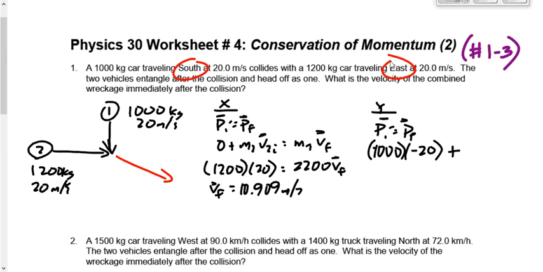Right. If it's not on the y-axis, it's 0. So it's 1,200 times 0. It's moving 20 meters per second, but not on the y-axis. Equals 2,200 times VF. 1,000 times negative 20 is negative 20,000, divided by 2,200 is negative 9.09.